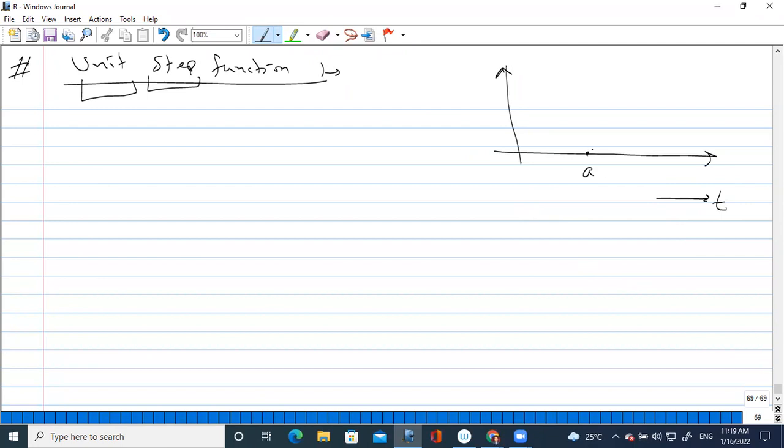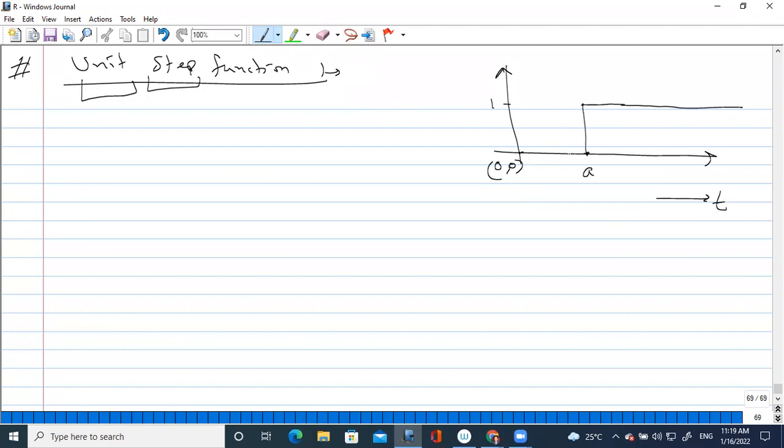At t equal to a, it will have a step, and that step value is 1. Once nothing else is said, it will continue with this step only. This is the 0 point. So at t equal to a, it gets a step value of unit. That's why this function is known as the unit step function.